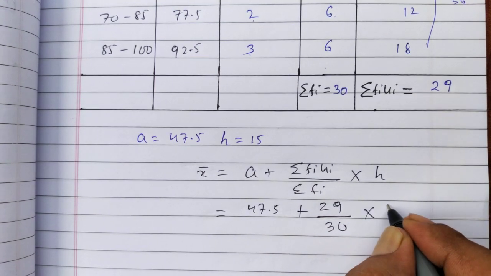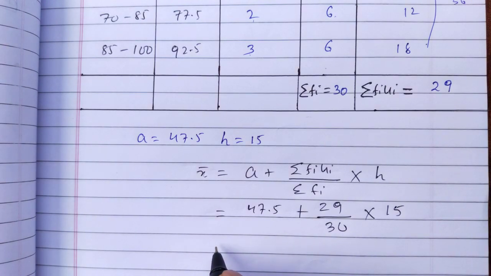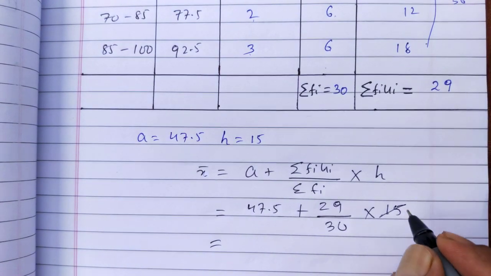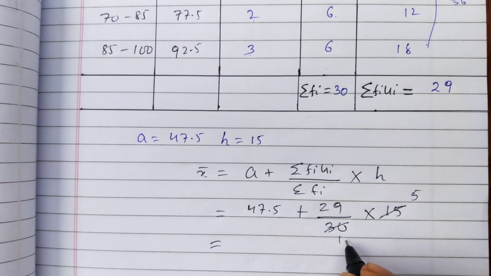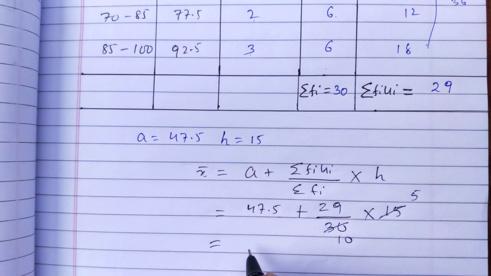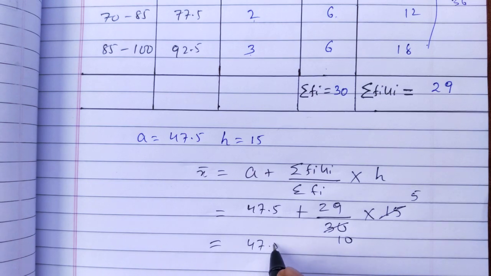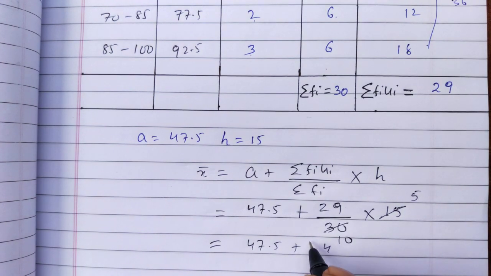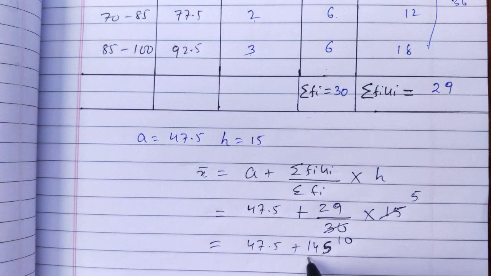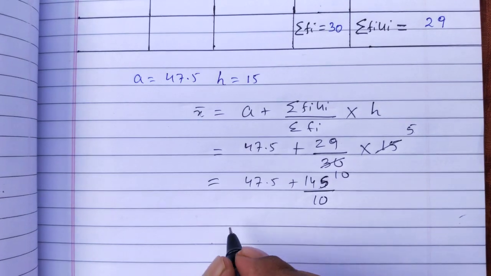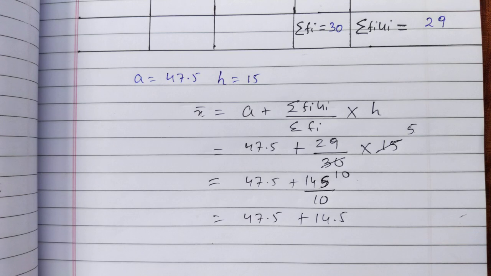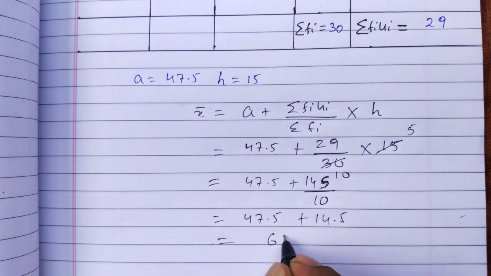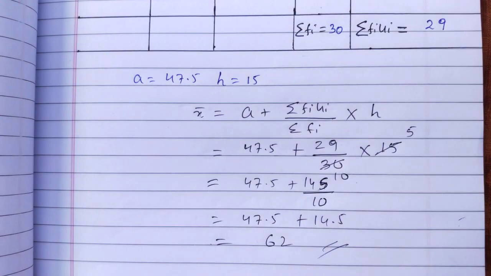H is the class size, 15. So we can cancel this 5, or 3 5 3 10. I'm keeping 10 so that the division is quick. 47.5. If you multiply this, 5 9 is 45, 5 2 is 10. 145 by 10. So for 10 we can put a decimal. 47.5 plus 14.5. Now add it, you'll get 62. Again, we're getting the same answer.